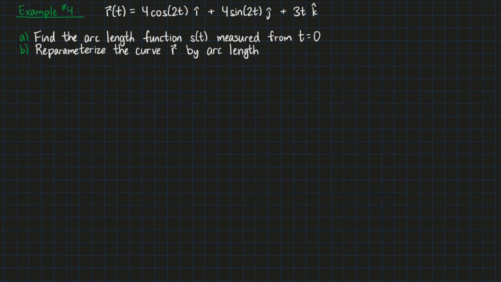Alright, so for example 4, we want to find the arc length function s of t measured from t equals 0, and then for part B, reparameterize the curve r by arc length. So part A, that's pretty much what we did in example 3. So there's the arc length function. We're going to find r prime of t and then the magnitude of r prime of t.